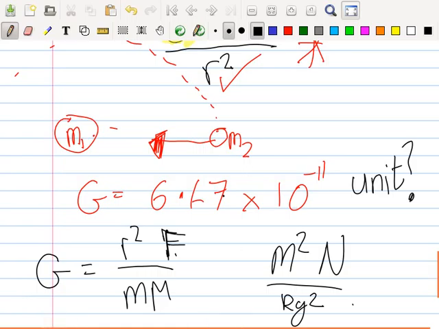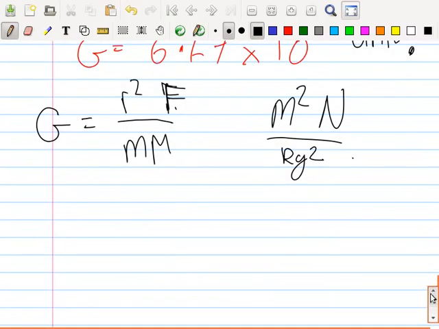Good job. And you can simplify it more because Newton you can make into MA, and you can cancel the kg here. But if you want to just write this, that's fine. We can simplify this a bit more. Remember that F equals MA.